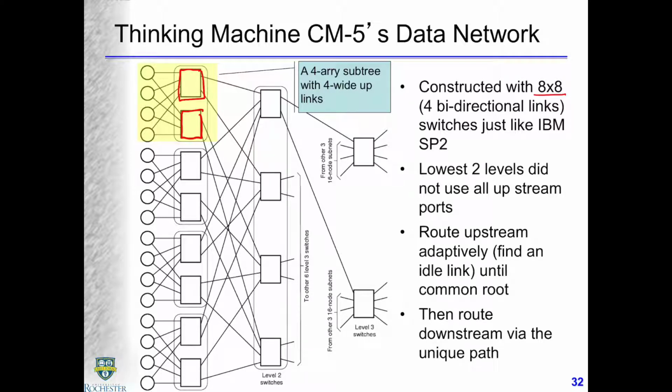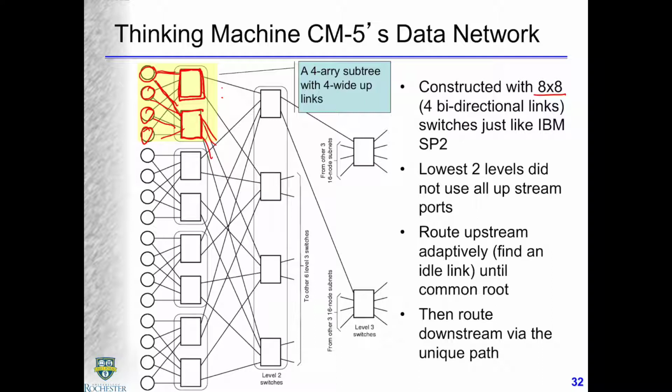So you have 4 bidirectional links going in, and then you have 4 bidirectional links going out. The interesting thing is when they're connecting it, for the bidirectional links going out, only 2 of the ports are being used. So this would be your root level. At the root level, each router is connected to 4 nodes, but they're redundantly connected to 2 routers. So that gives you path diversity.